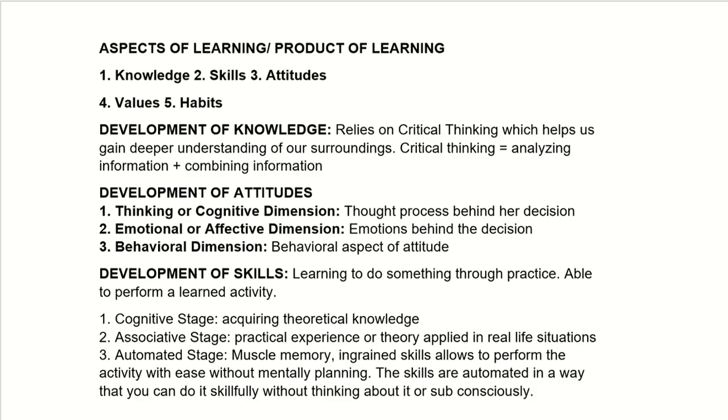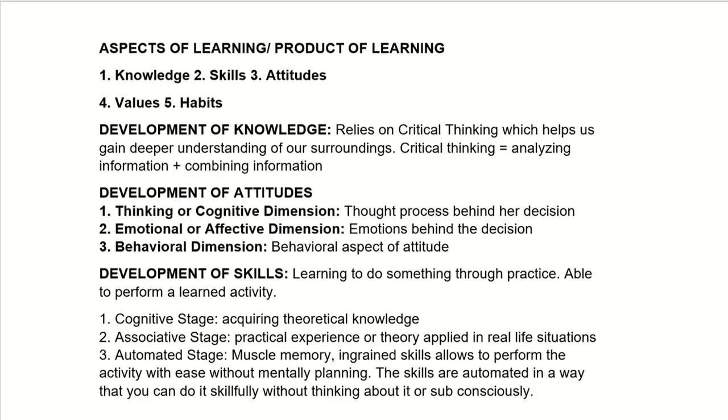The thought process behind a decision comes under the cognitive dimension. The emotion behind a particular decision comes under the emotional or affective dimension. And in the behavioral dimension, we see the behaviors of a particular attitude.